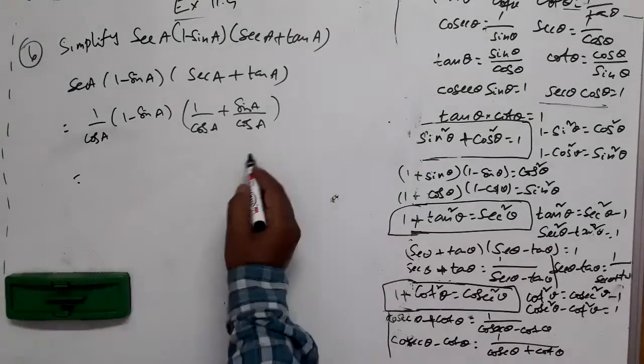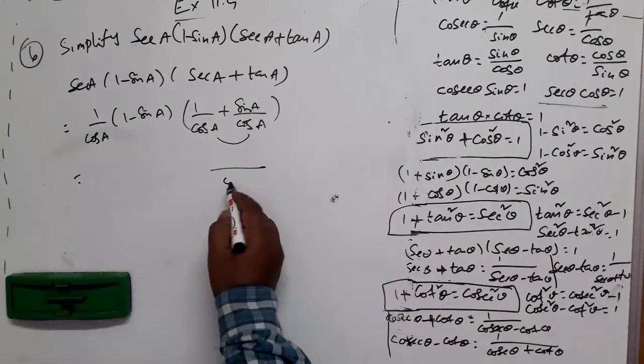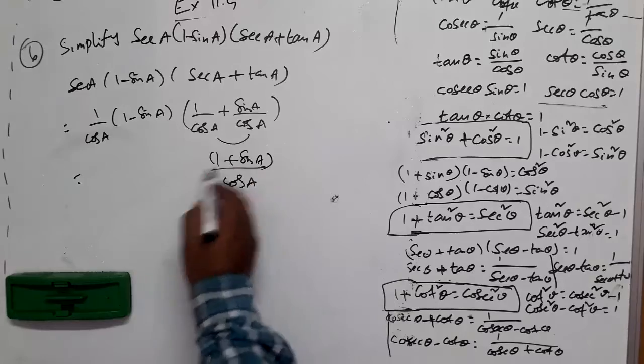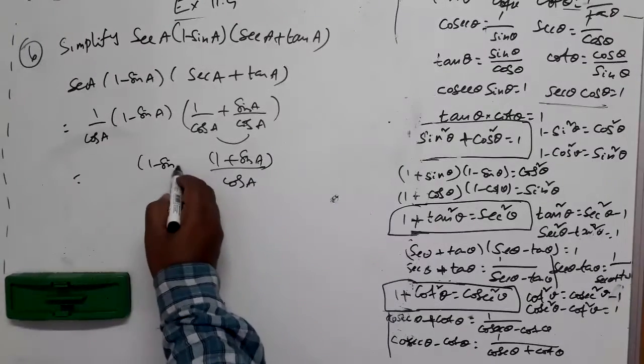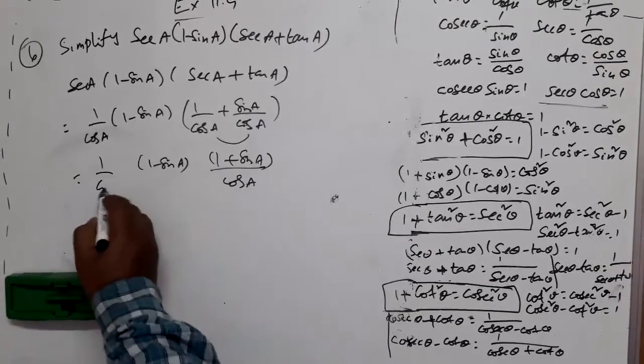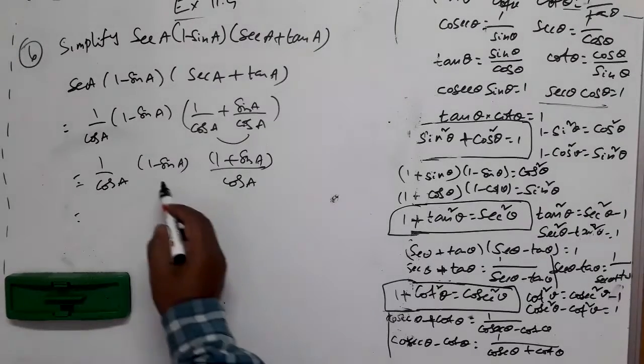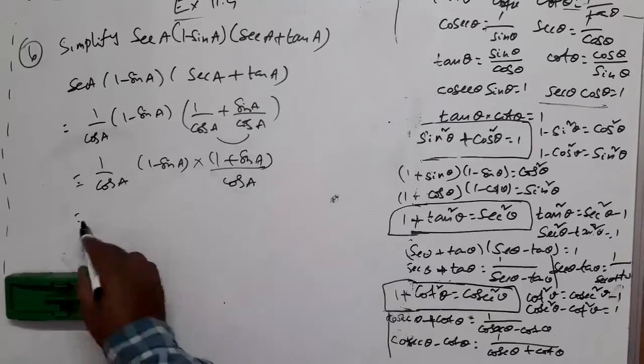Here, the denominator is common, cos A. Now the numerator is 1 plus sine, this is 1 minus sine, this is 1 by cos.